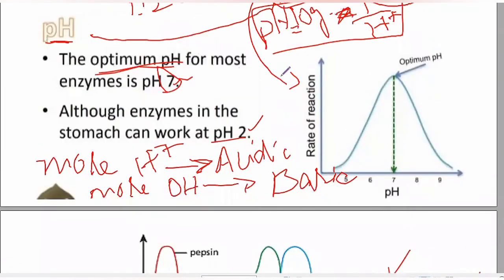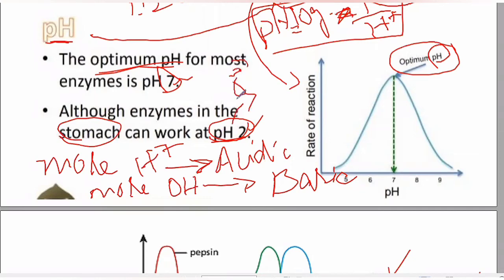Okay, in the same way, they work at optimum temperature, or their activity is maximum at the optimum temperature. Their activity is also maximum at optimum pH. If the pH is changed, for example the enzyme in the stomach works at 2, and if you change its pH to 8, which is alkaline, or 12 or 14, this enzyme will be denatured.